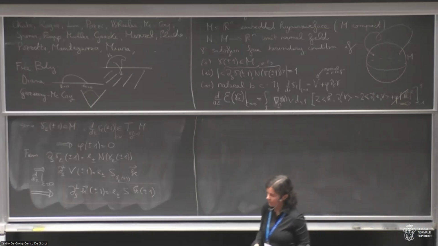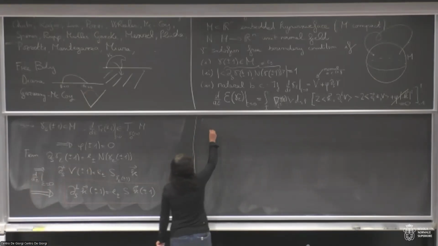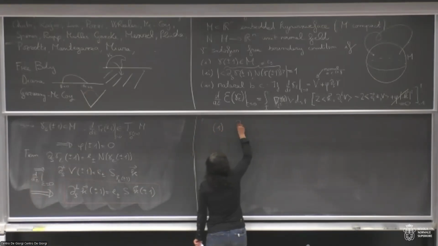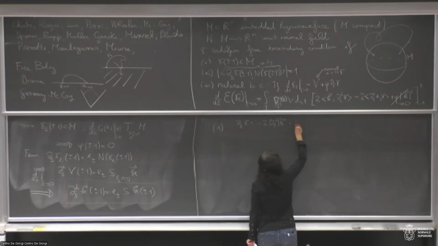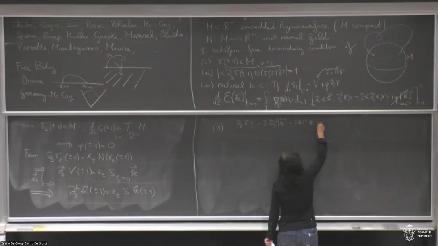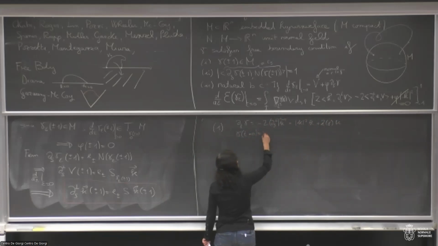So the problem we are looking at is the elastic flow. The derivative in t of gamma is equal to minus twice the second derivative of kappa minus kappa squared kappa plus lambda gamma kappa, together with a suitable initial datum.